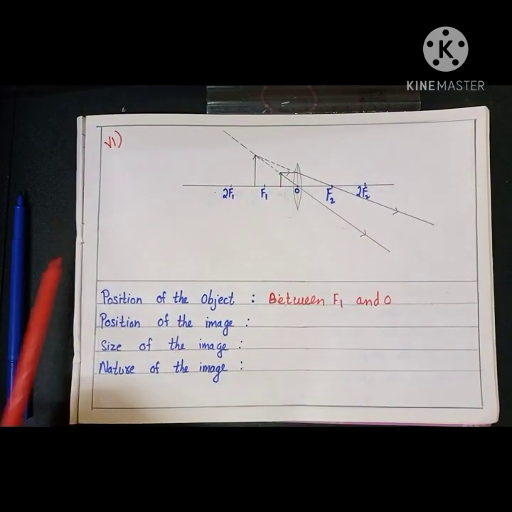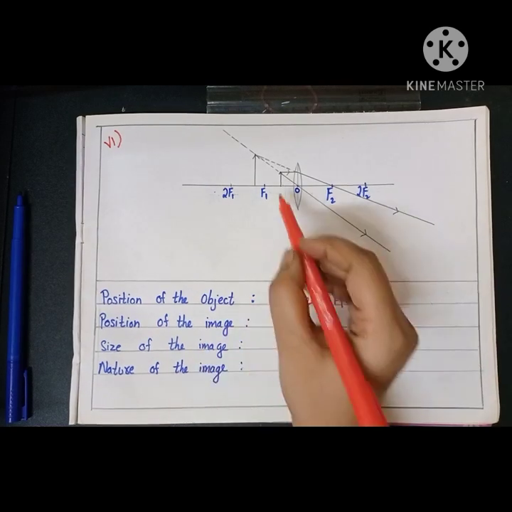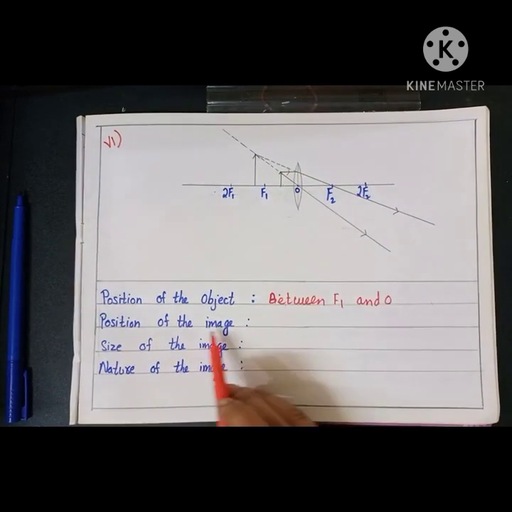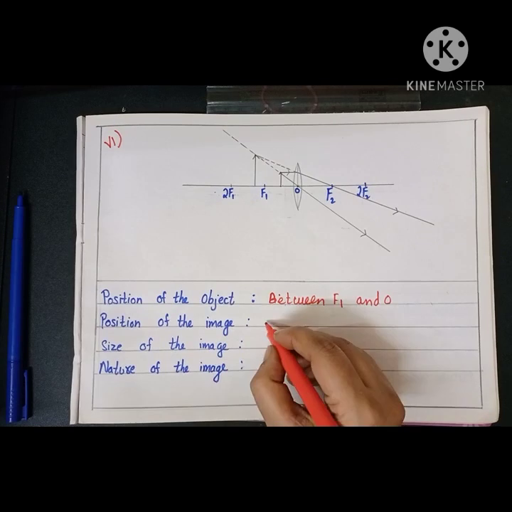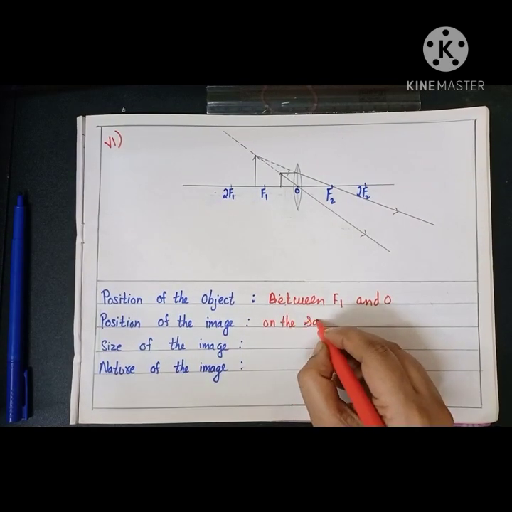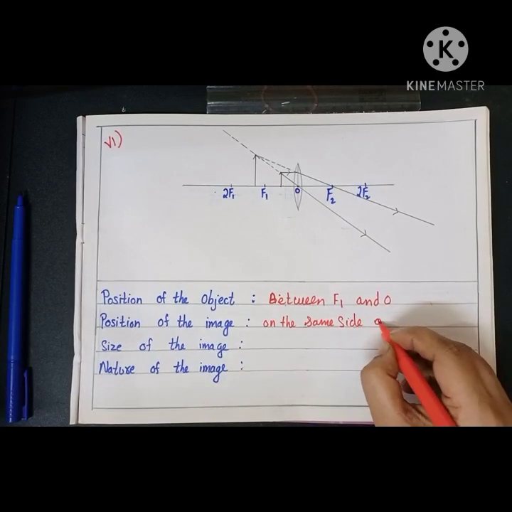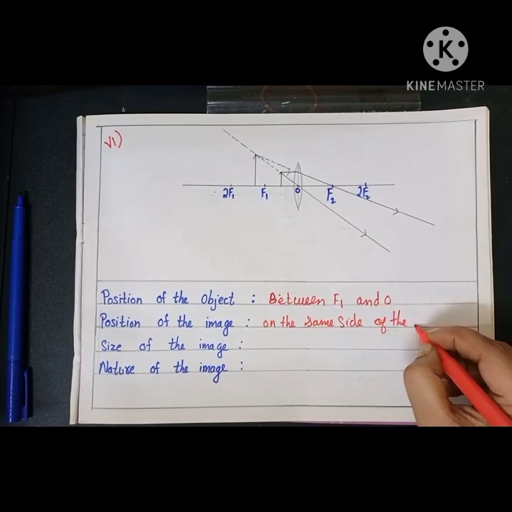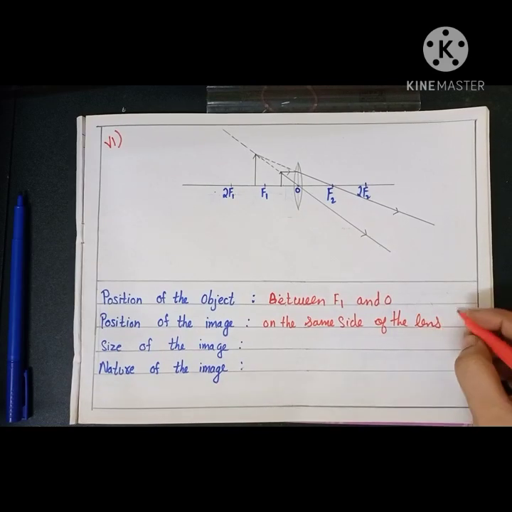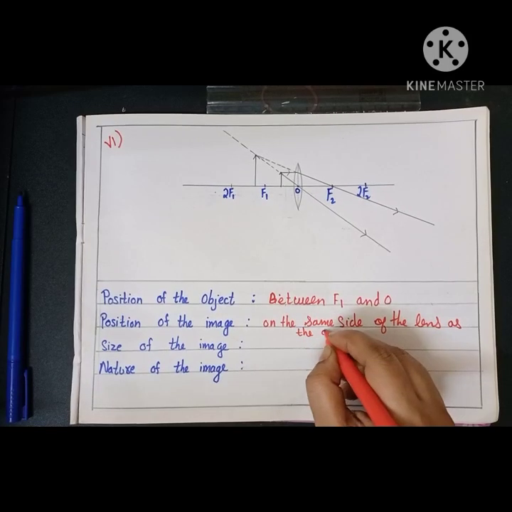So here in this case you will write, that is, position of the image is on the same side of the lens as the object.